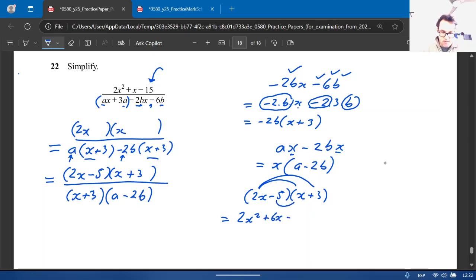Minus 5 times x is minus 5x. Now, we've got the 2x squared, great. 6x minus 5x will give us 1x. Great, that's what we want. And then minus 5 times 3 will give us minus 15. That's the last term. We know it's all good.